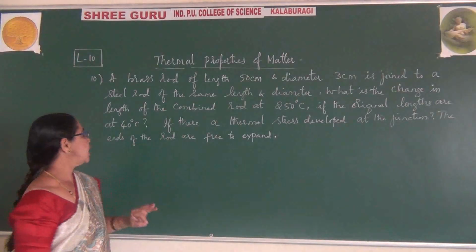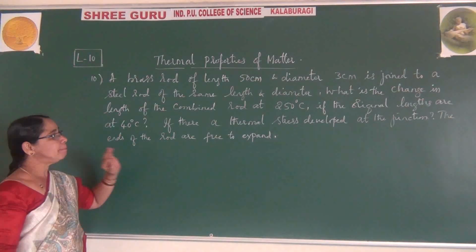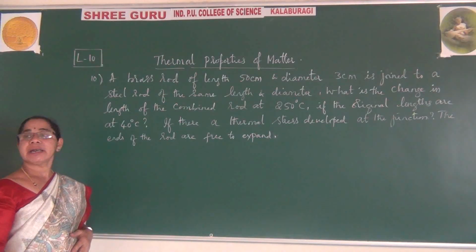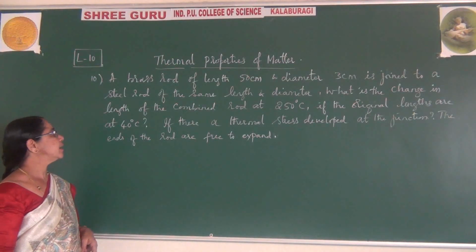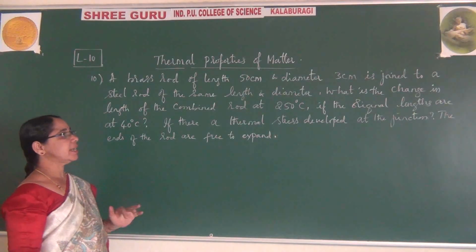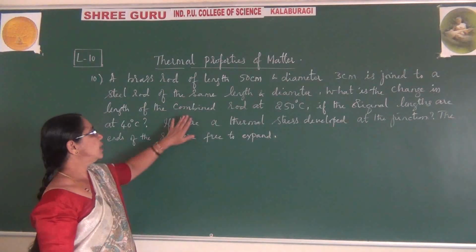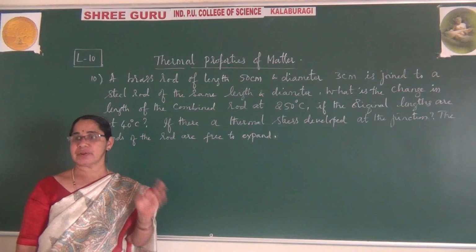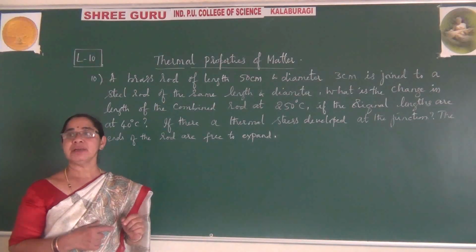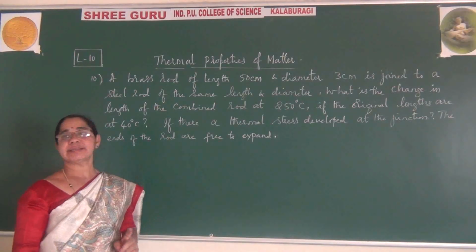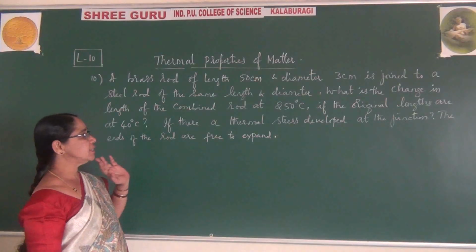What is the change in the length of the combined rod at 250 degrees centigrade? You have to calculate the change in length of the combined rod. Both the rods will be joined together. So at 250 degrees centigrade, what is the change in length?